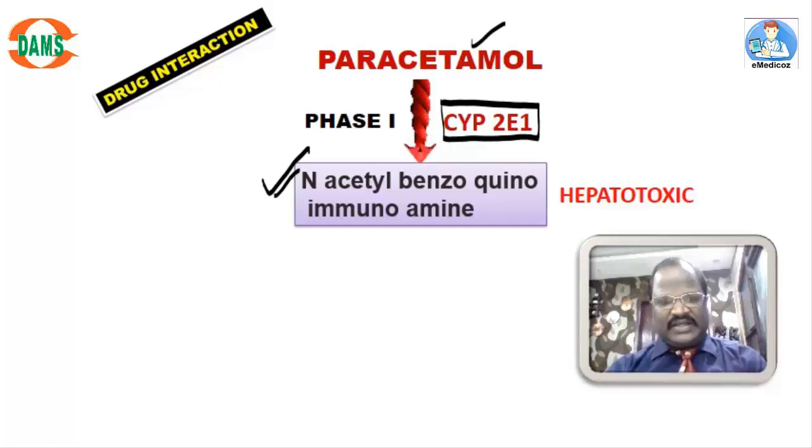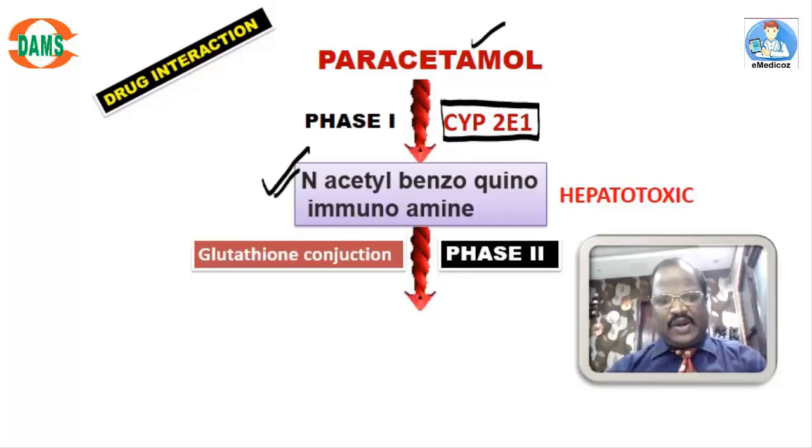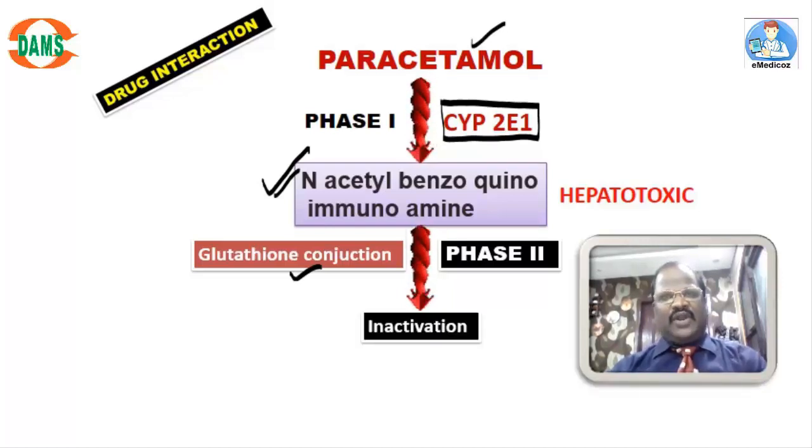Why? The reason is this toxic metabolite further undergoes a phase 2 reaction in the form of glutathione conjugation. By undergoing glutathione conjugation, the toxic metabolite gets inactivated. Thereby, we don't develop liver damage with paracetamol.